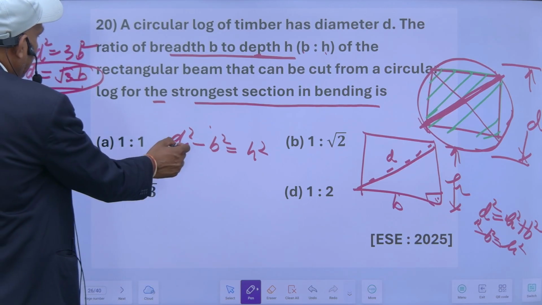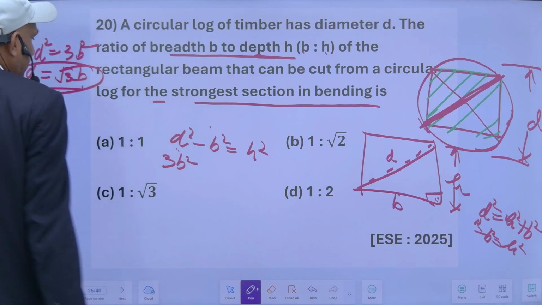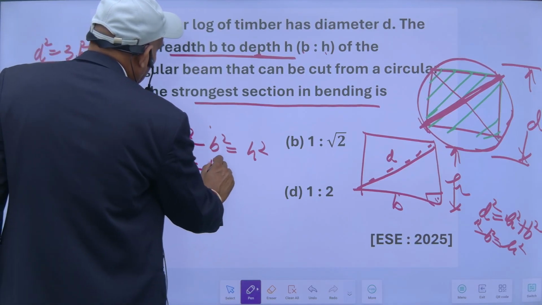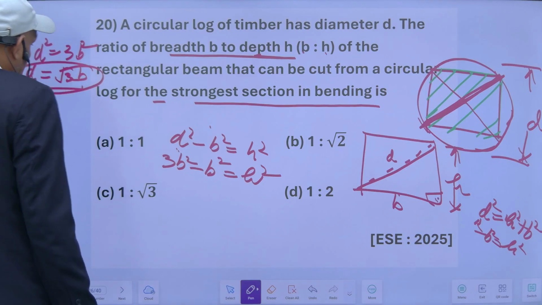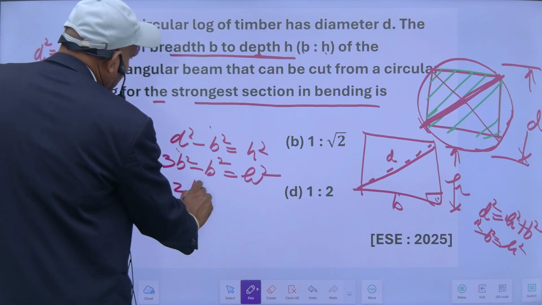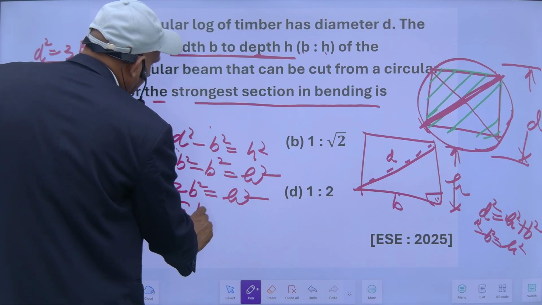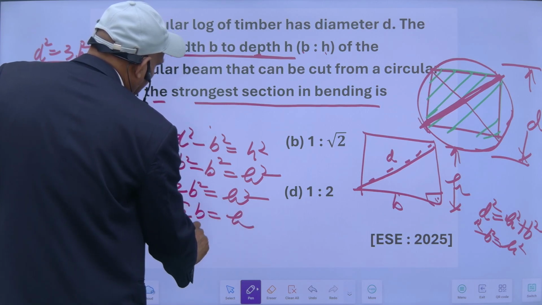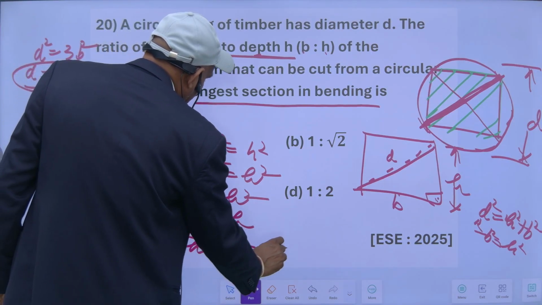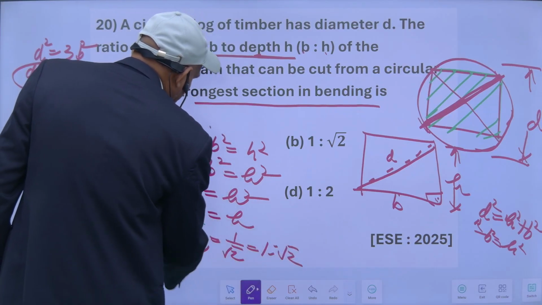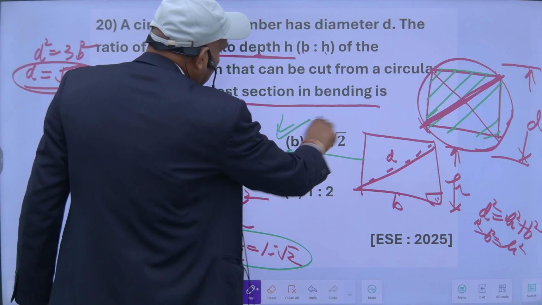If I convert this d into b, then 3b square minus b square is equal to h square. So it will be 2b square is equal to h square, means root 2 b is equal to h. So b upon h is equal to 1 upon root 2, or I can say 1 is to root 2. So this b upon h ratio is equal to this one. So this one is the right option.